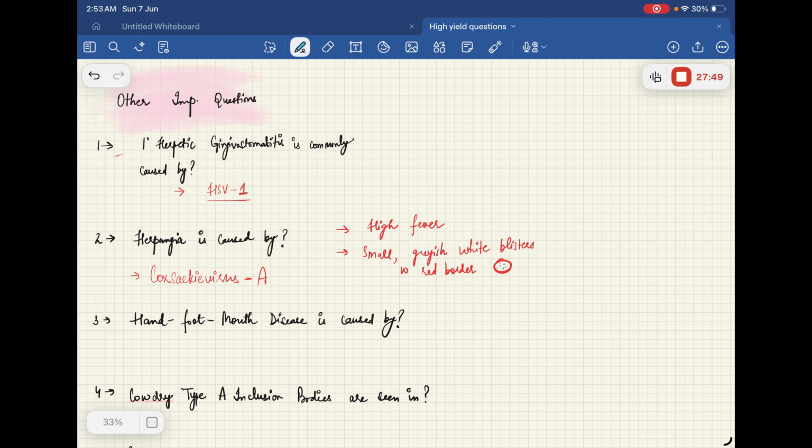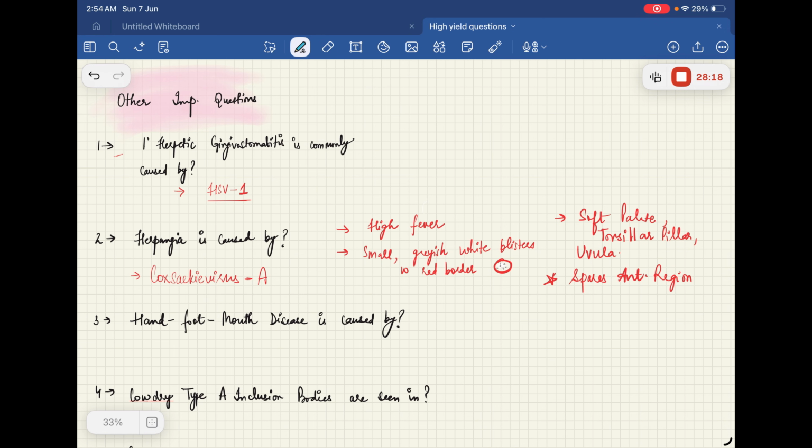Now, lesions occur on the soft palate, tonsillar pillar, and uvula. Remember that this pathology spares the anterior region of the mouth.